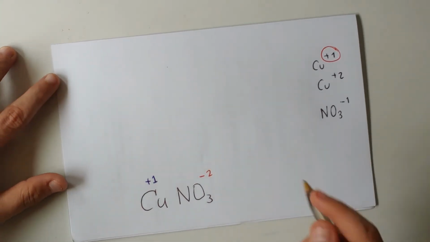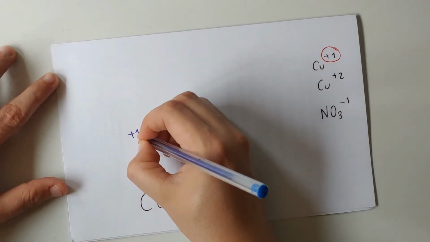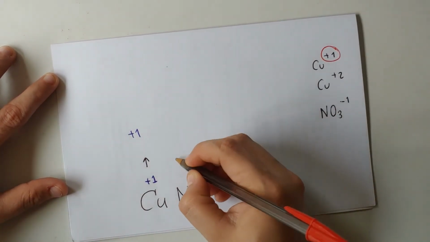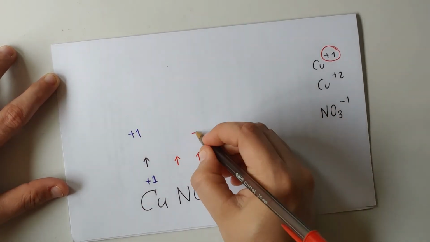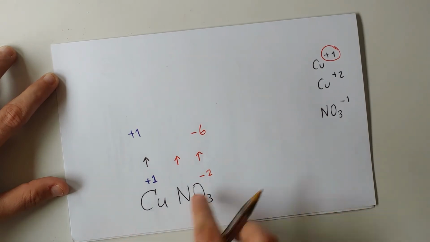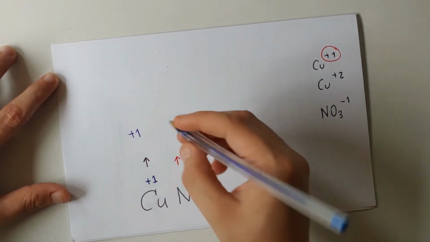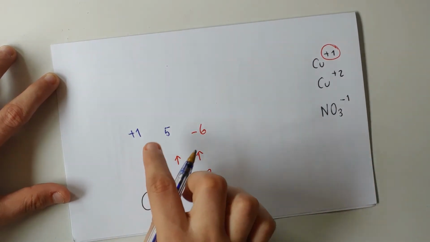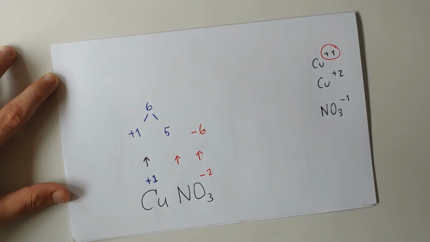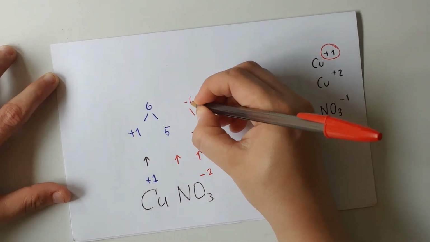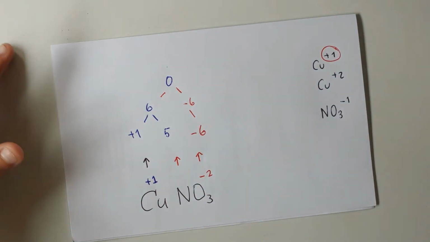So what we do is we say +1. Here we don't know. And here is -2 times 3, that makes -6. For everything to be balanced, I need the nitrogen to become 5. In this way, 5 and 1 makes 6, and in here I have -6, so in the end this will be equal to 0.